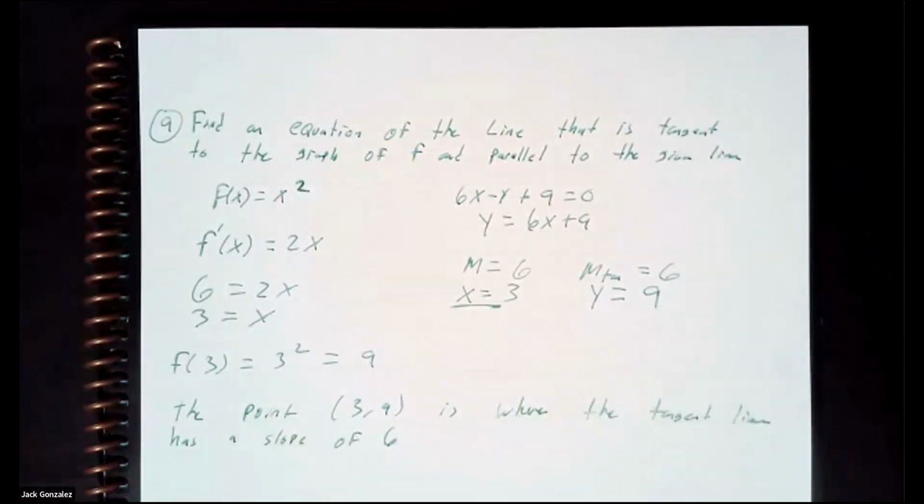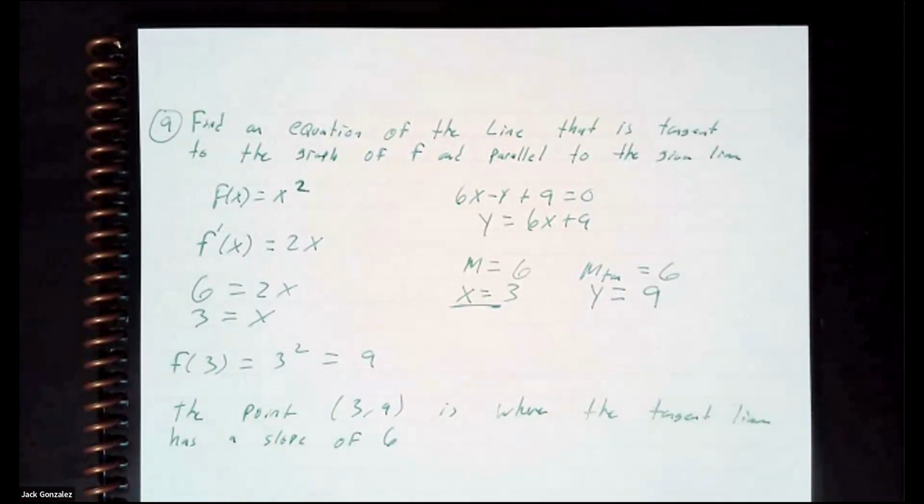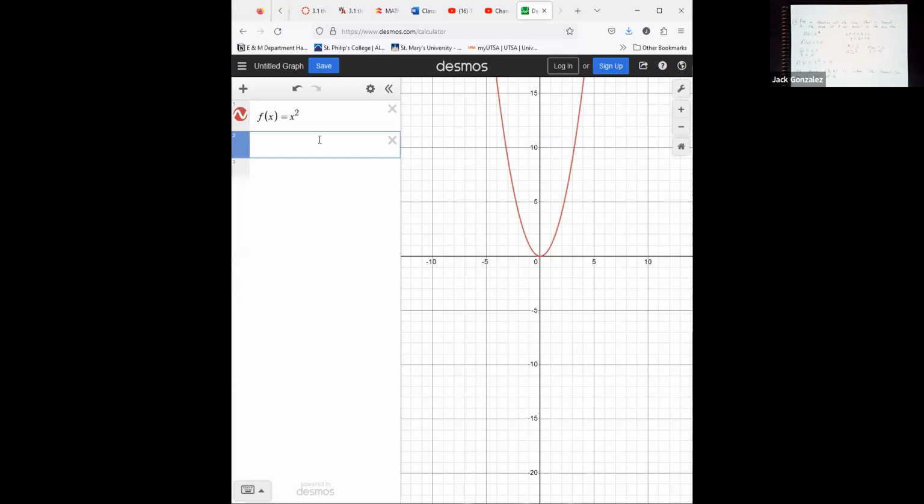So let's visualize this because it's kind of weird, right? They're giving us the same stuff, but they're asking it in a strange way. So f is equal to x squared.